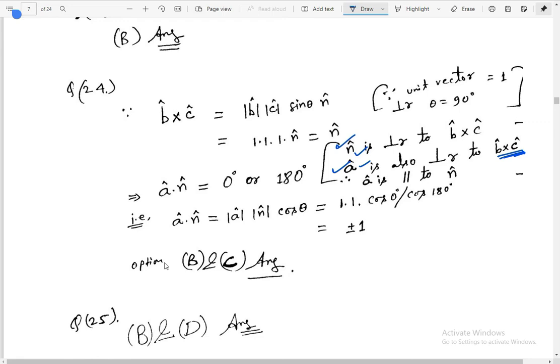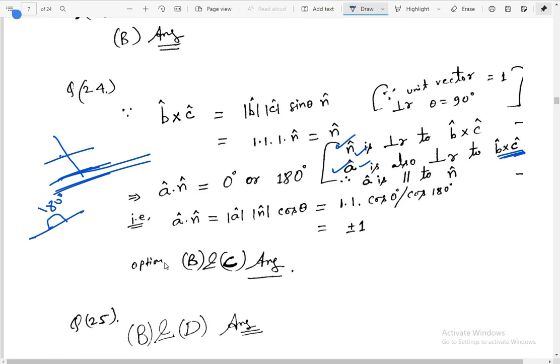So A dot n must be either 0 or 180 degrees, because they are parallel, meaning same side or opposite side. A dot n is equal to |A||n| cos theta, that is 1 into 1 into cos 0 or cos 180 degrees.